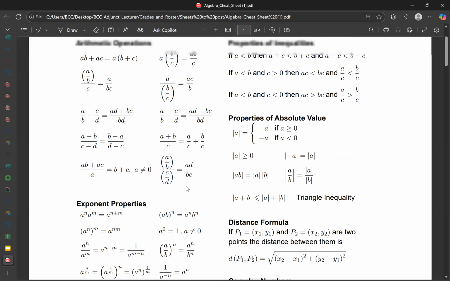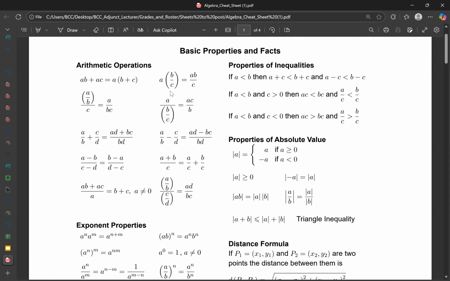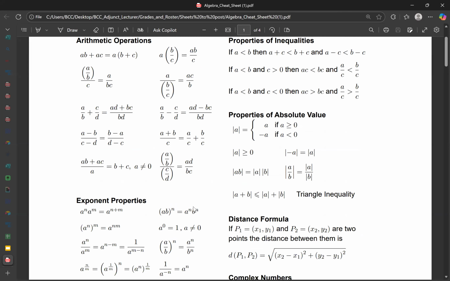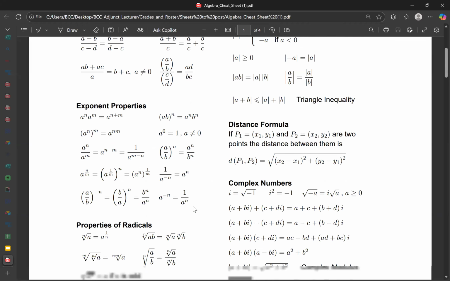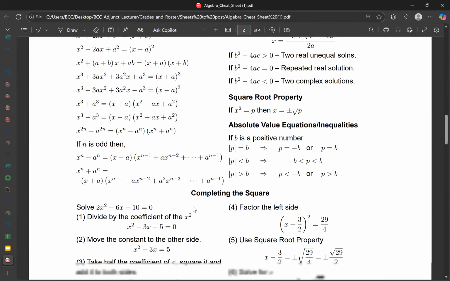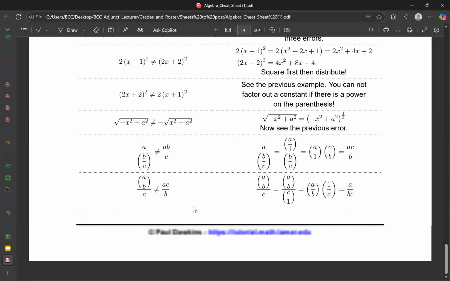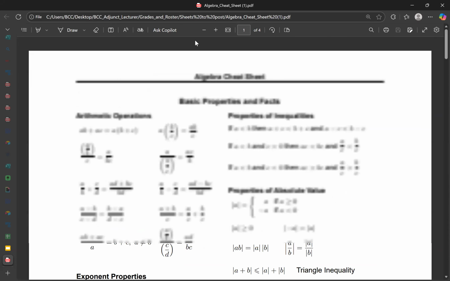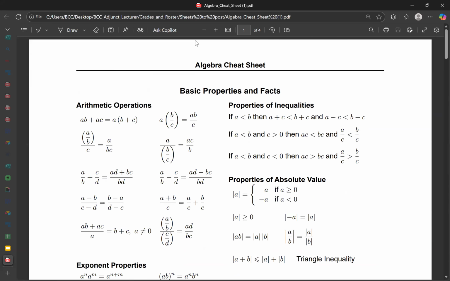Also, you have your arithmetic operations up here. So don't sit confused on your exam. Look it up if it doesn't make sense. And then we'll go through some more of this as we're moving through the final.